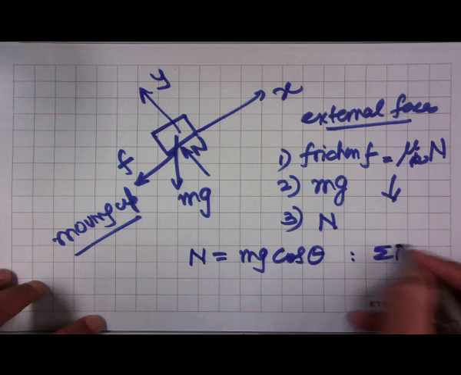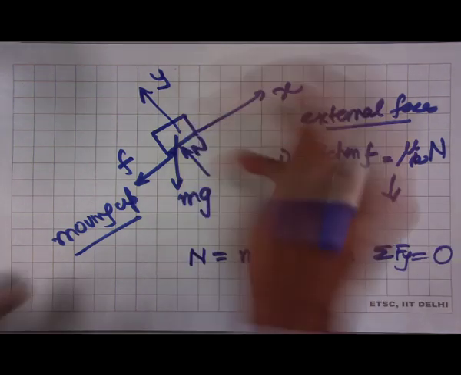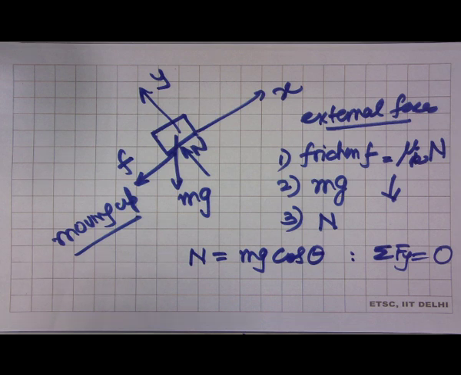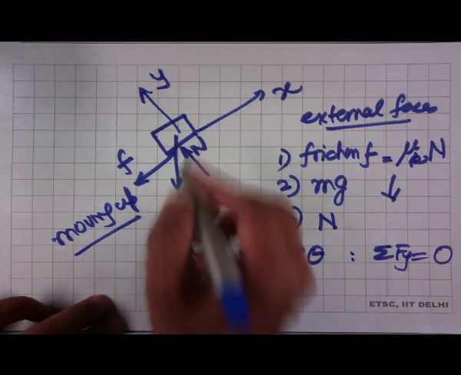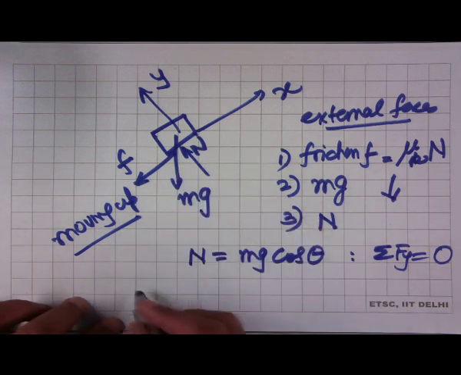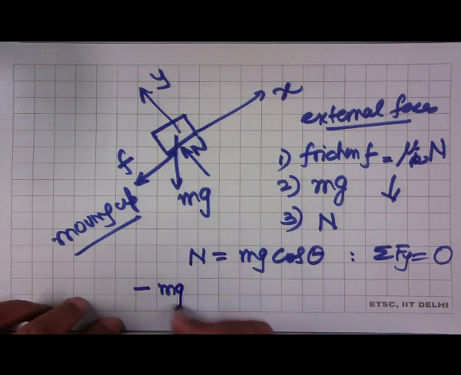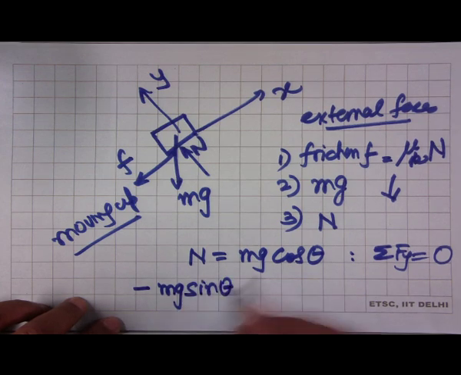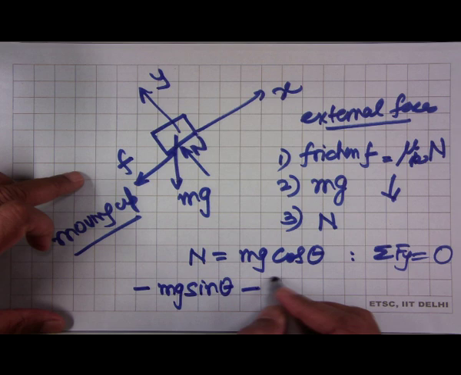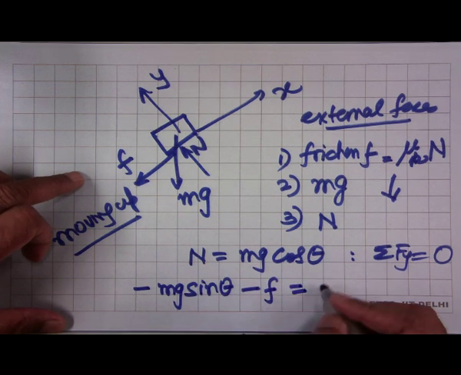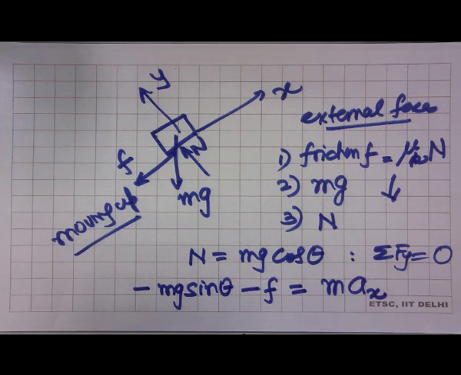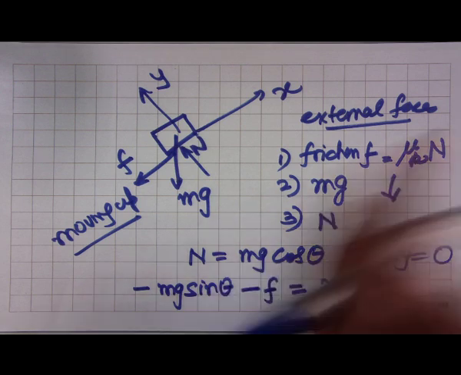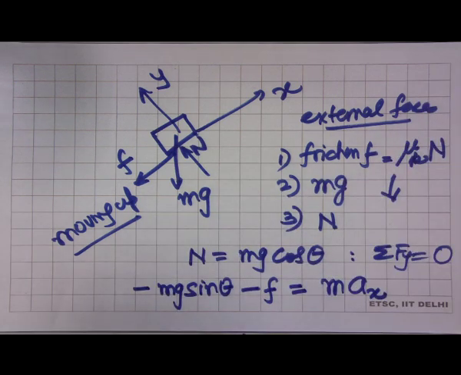This comes from the sum of the forces in the y direction is equal to 0, because there is no acceleration, and if we look at the x direction, then we will get minus mg sin theta minus f is equal to mass times acceleration in the x direction, and because both of these are negative, we realize acceleration in the x direction is negative.